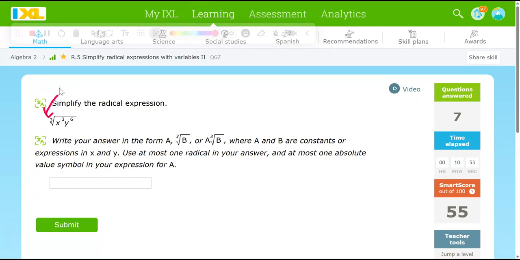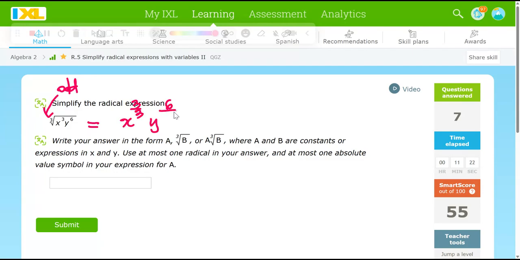So now, this is an odd power. Do you need the absolute value sign with an odd root? No. Look at your paper. No, you don't need the absolute value sign. Now 3 and 6 are both divisible by 3, so perfect.